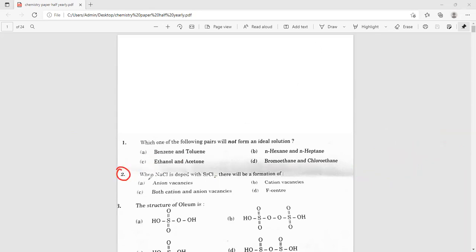Question number 2. NaCl is doped with SrCl2. In SrCl2, Sr carries +2 charge, while in NaCl, Na carries +1 charge.